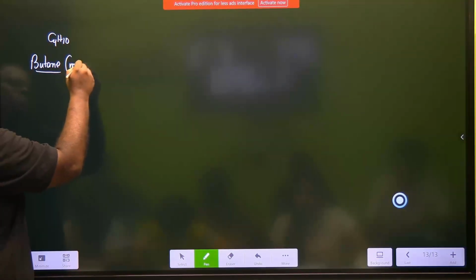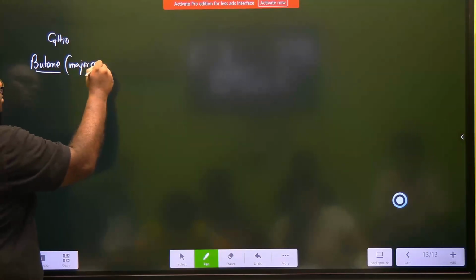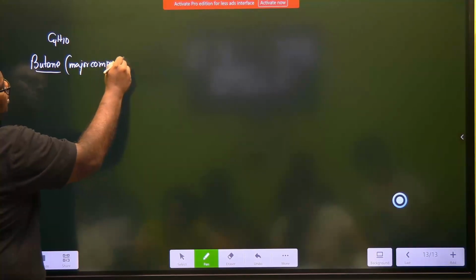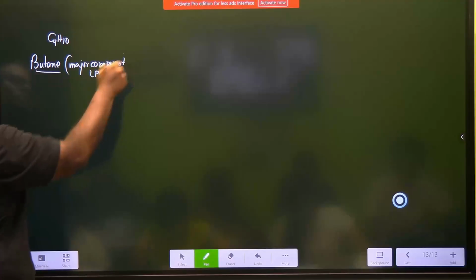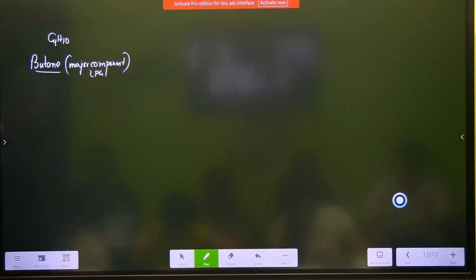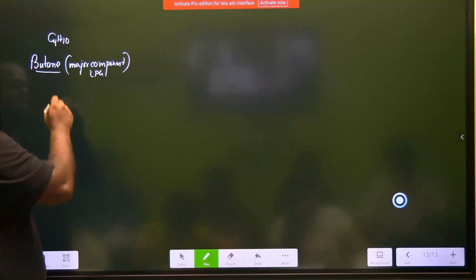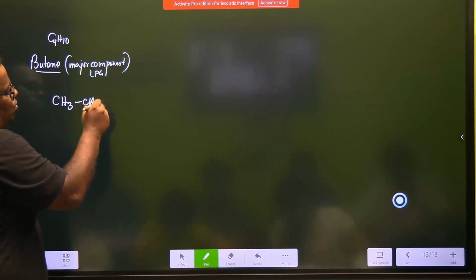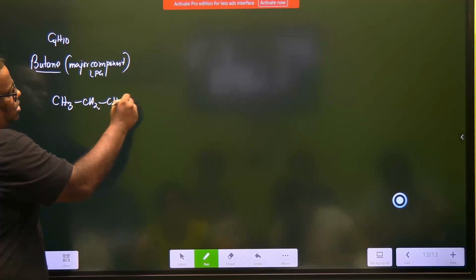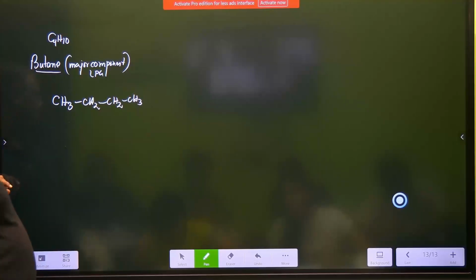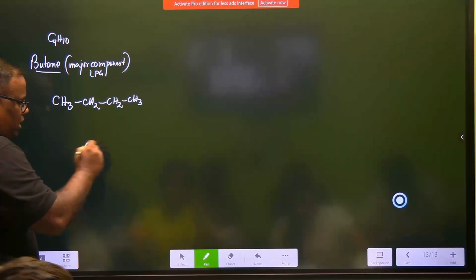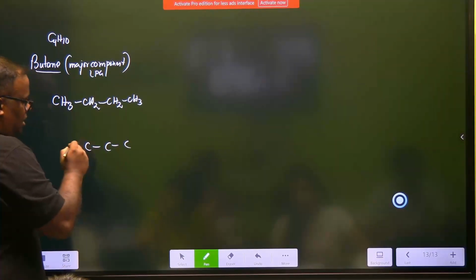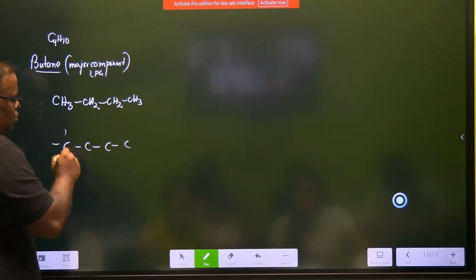This is the major component of LPG, the one with which you are cooking. Understood? Let's make the structure of butane. Butane should be CH3, CH2, CH2, CH3. Make sense? And if I make its skeletal structure, it is C, C, C, C, and I have got so many H.